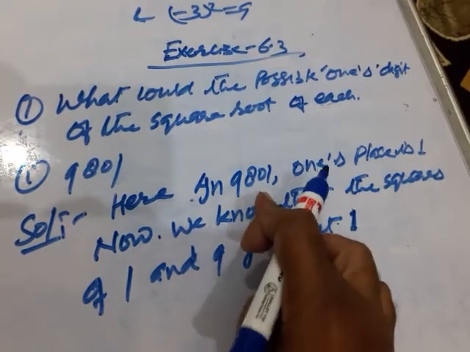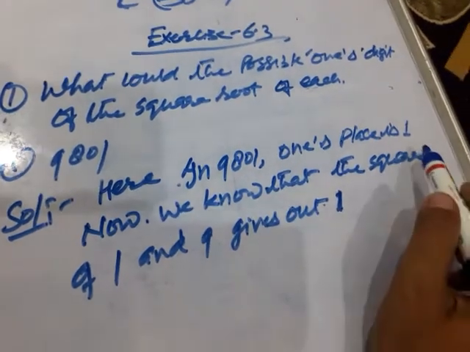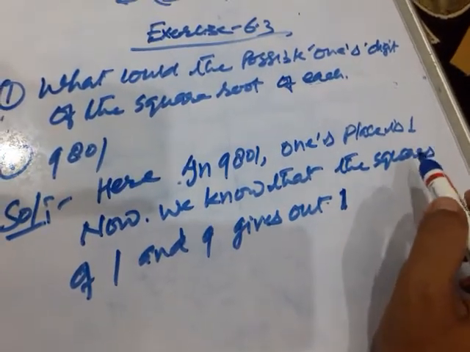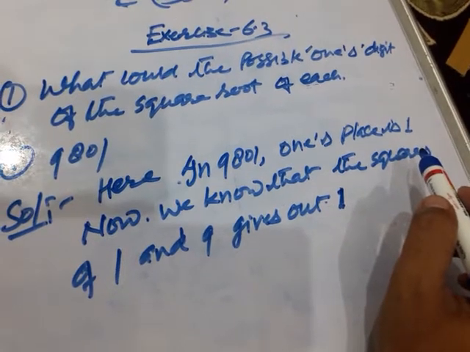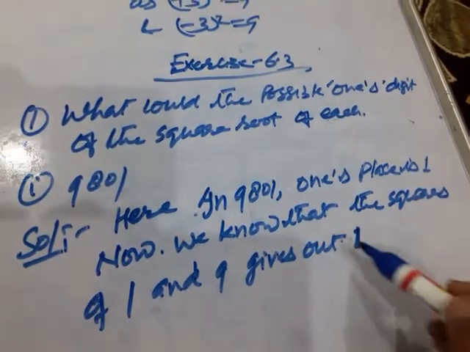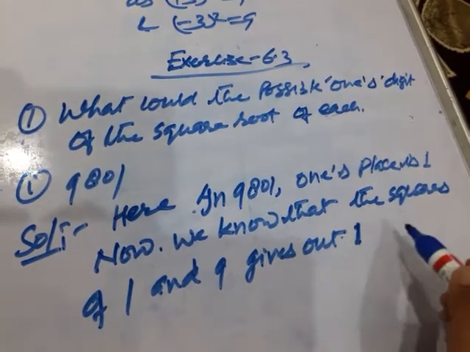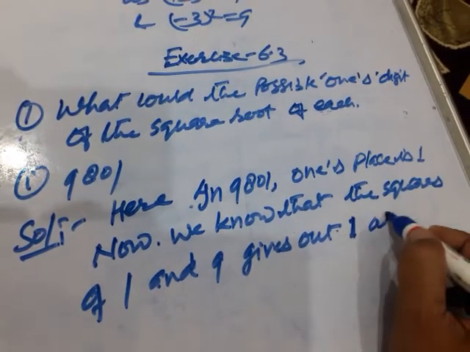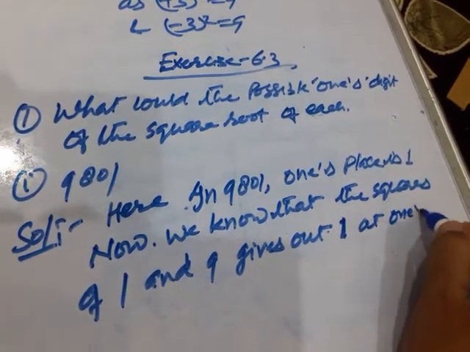Here in 9801, one's place is 1. Okay children, we know that the squares of 1 and 9 give out 1 at one's digit.